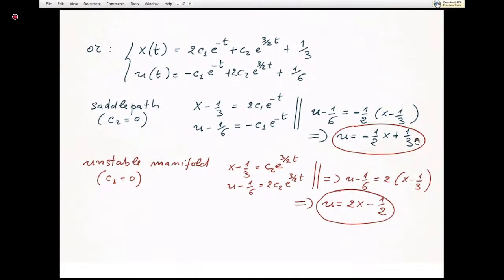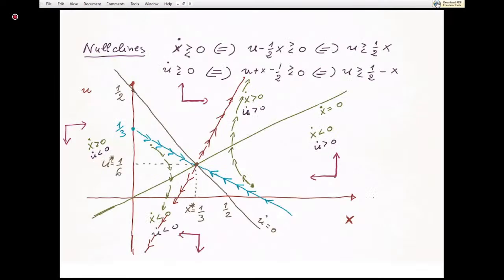This is the stable path, written in the plane xu. Some textbooks use the plane with x in abscissa and u in vertical coordinates. Other textbooks do the opposite. I prefer to put the state variable here and the control variable in the vertical coordinates.